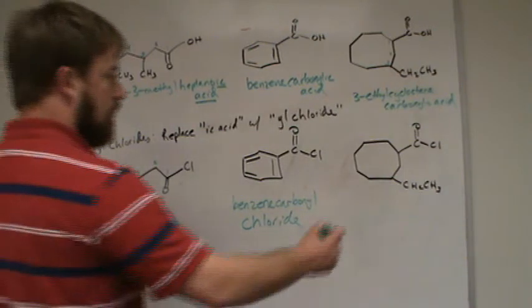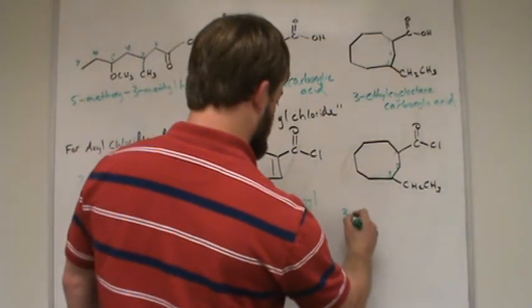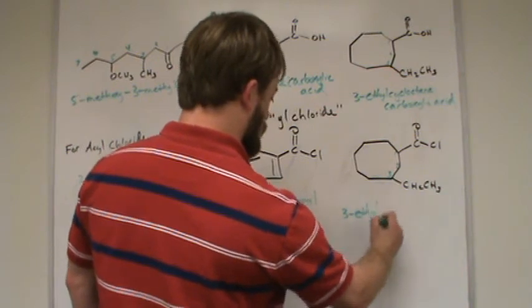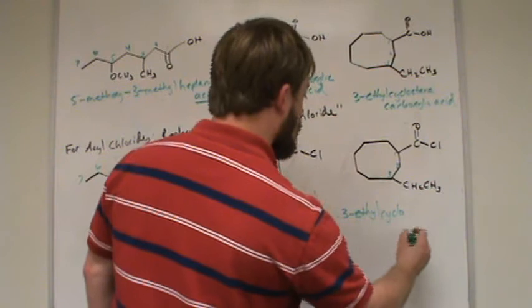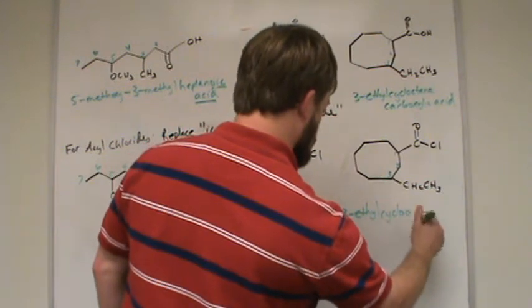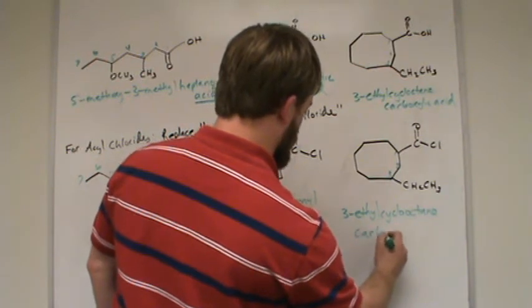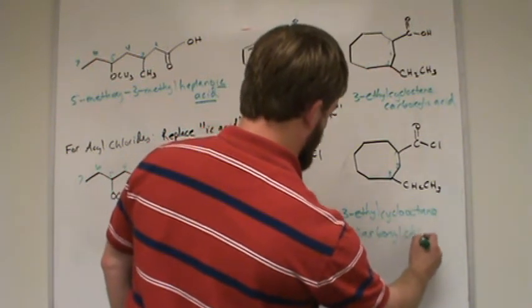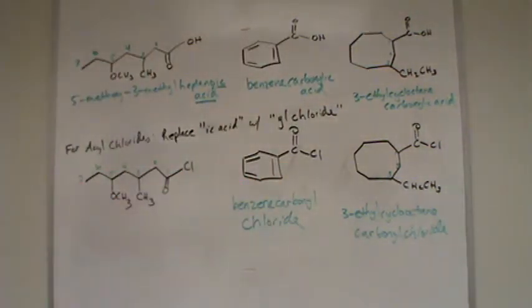So this is the 1 position again, 2, 3-ethyl. Okay. Cyclooctane carbonyl chloride. 3-Ethyl cyclooctane carbonyl chloride.